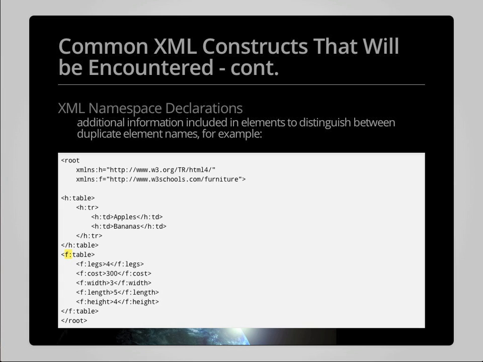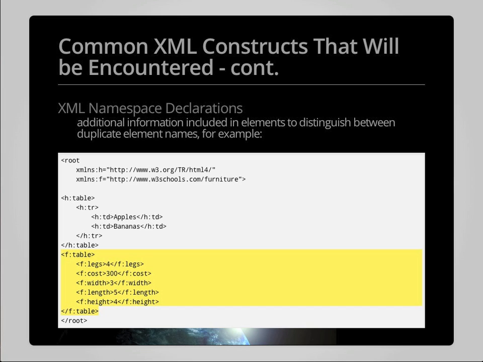So when I'm talking about this HTML type of table element, I prefix those elements with an H and a colon. When I'm talking about a furniture table element, I precede those elements with an F for furniture.